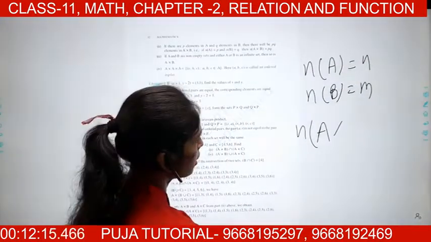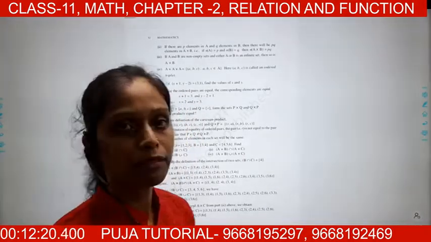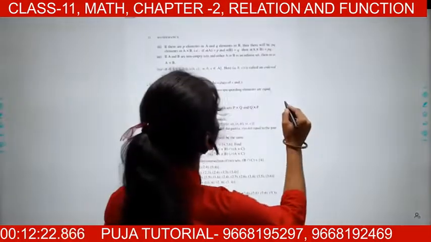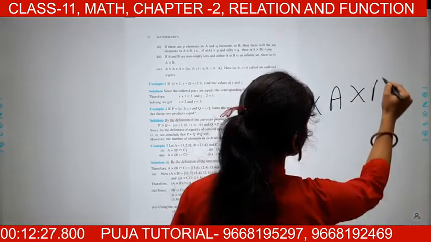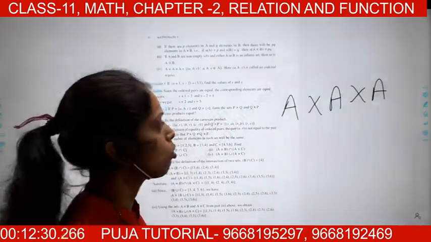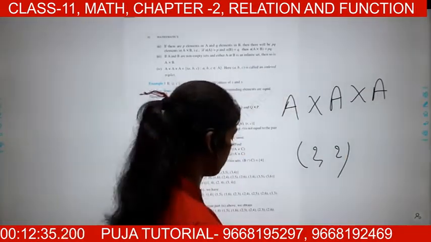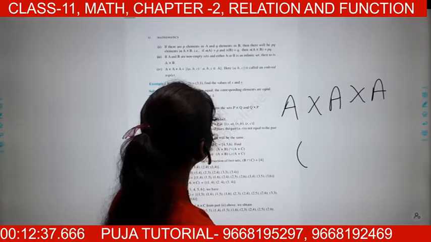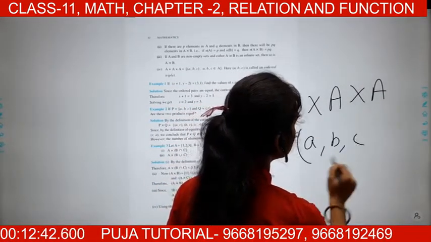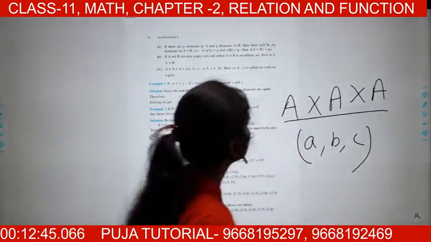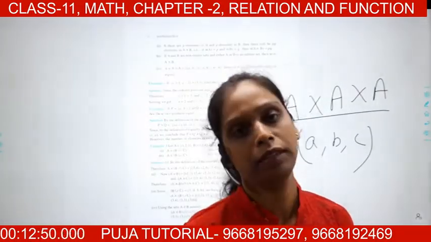And the third one, a very important topic given here: A cross A is called an ordered pair, whereas if written as A, B, C, then it is not an ordered pair, it is called an ordered triplet.